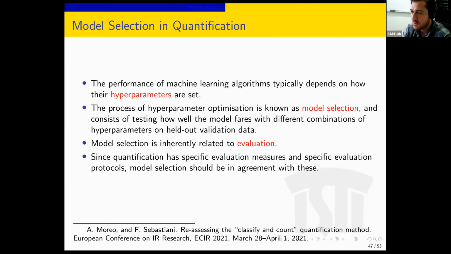This is important because we know that machine learning methods typically depend heavily on how these hyperparameters are chosen. And this process amounts to exploring different configurations of hyperparameters and testing them on a held-out validation set.